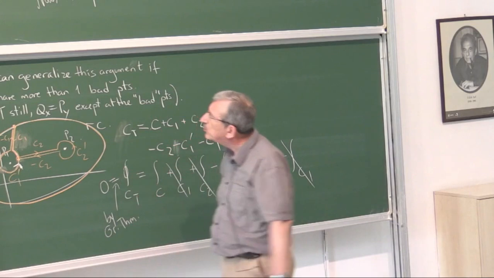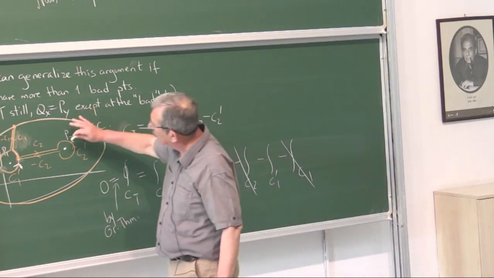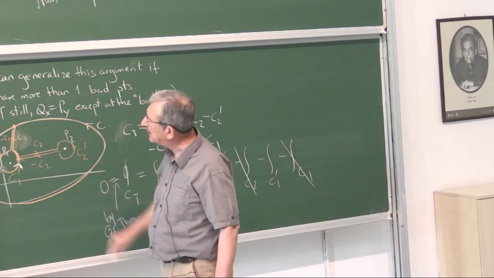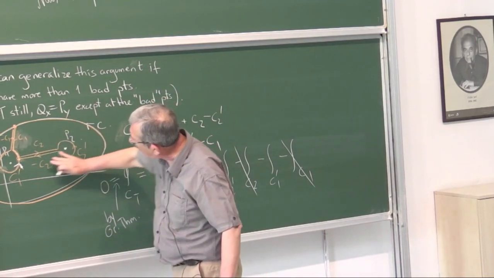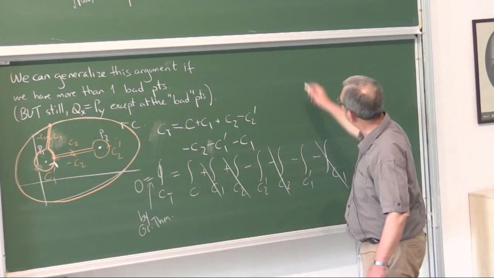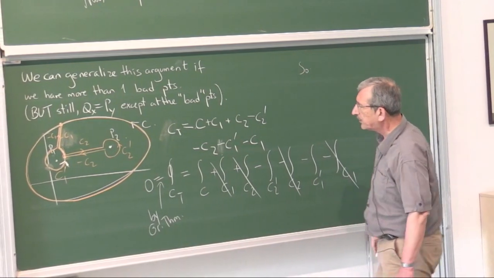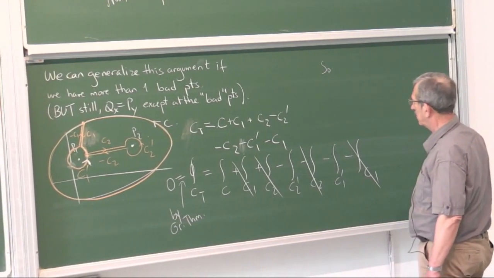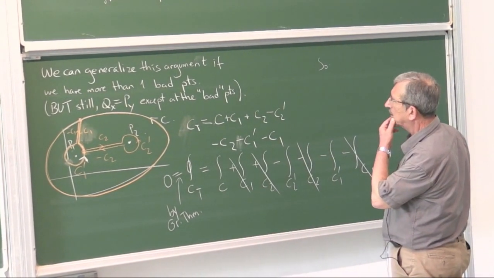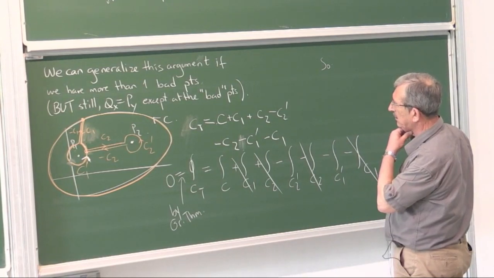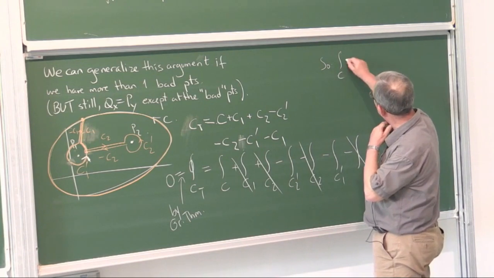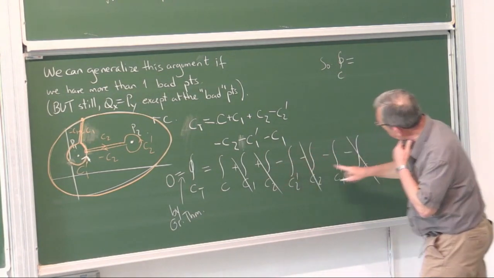Because I can use Green's theorem to the region bounded by CT as a whole, which means that I'm considering this part except these circles. So this would say that integral over C would be the sum of these two.